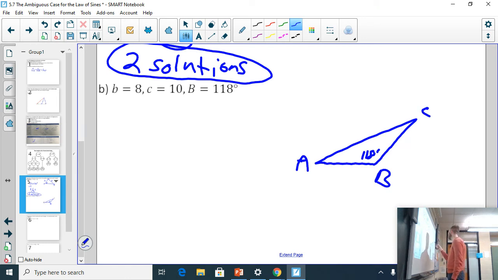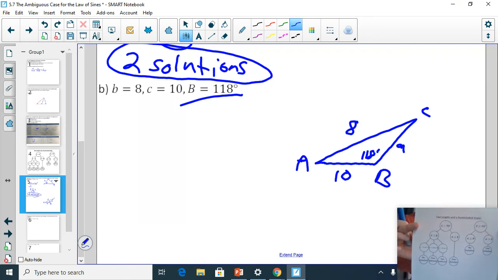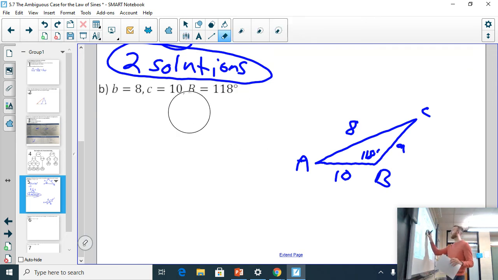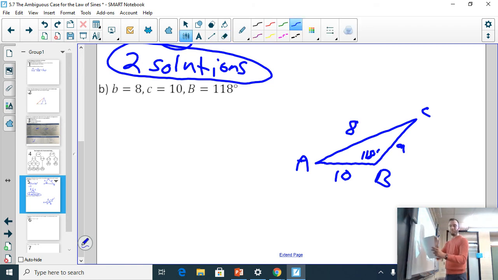We're given c, which is 10, across from C, and little b is 8, and that can just be called a. Now, just because we have B equals 118 degrees, and on our sheet we're talking about A, that means nothing, right? B is still our non-included angle, so we just treat it like A in our little flow chart.